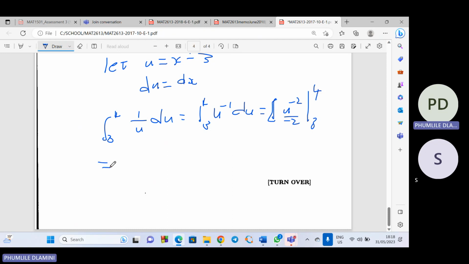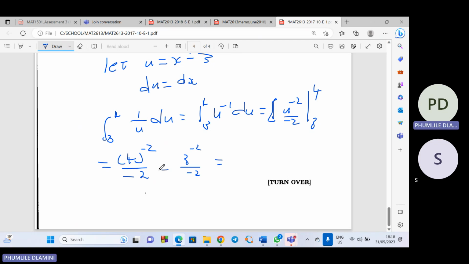Then after that, you can substitute the values. It's going to be 4 to the power negative 2 over negative 2 minus 3 to the power negative 2 over negative 2, which is equal to, this one here is going to give us 1 over 4.